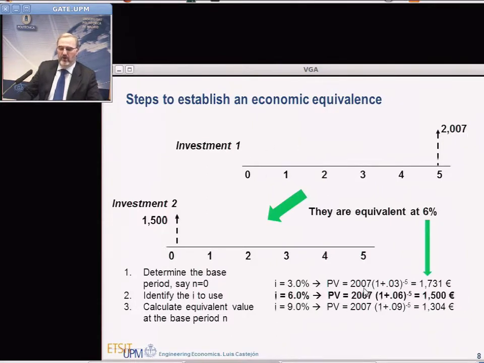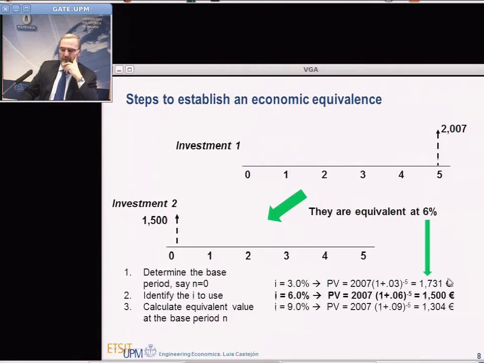So what is the present value? We can calculate 2,007 times bracket 1 plus the interest rate we are testing, which is 3% in this case, close bracket, to the minus 5th power. The result is 1,731 euros.